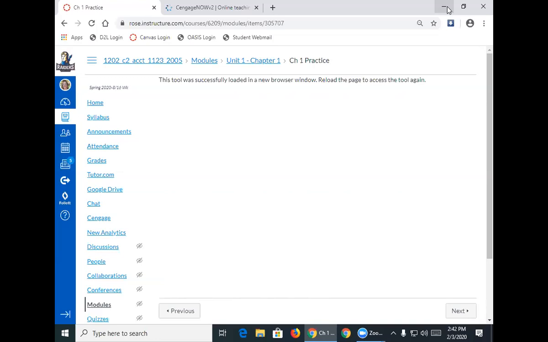You'll have a question that just lists different account types, like cash, accounts payable, common stock, that sort of thing. You'll just need to tell me, is it an asset, a liability, or an equity account? And you'll have a drop down there. So just be able to identify account types. So if I said revenue, you would say it was an equity account, that sort of thing. If I said land, you'd say it's an asset. Okay.